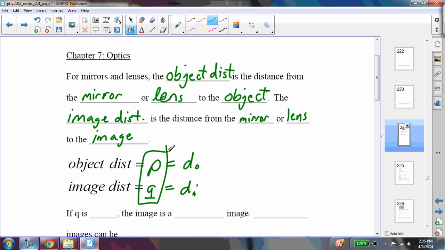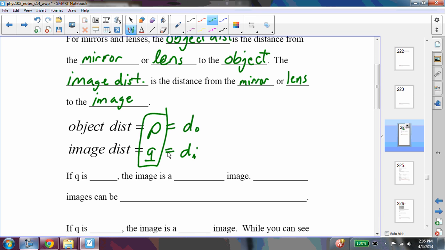And then we have a few standards about what signs for these various things mean. If Q is positive, the image is a real image. Real images are defined in such a way that they can be projected onto a screen.